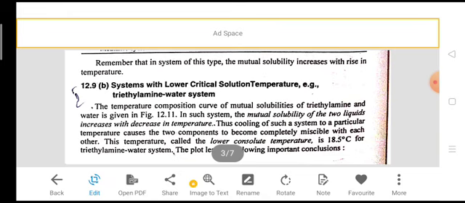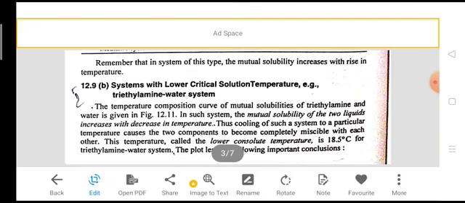Next, systems with lower critical solution temperature, for example the triethylamine water system. This is the temperature composition curve of mutual solubilities of triethylamine and water.